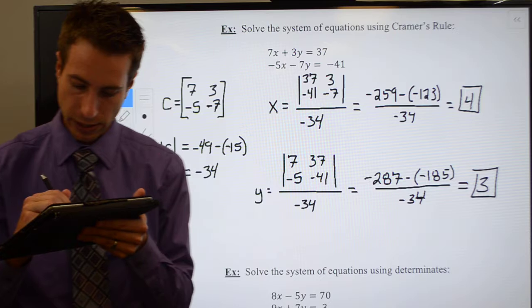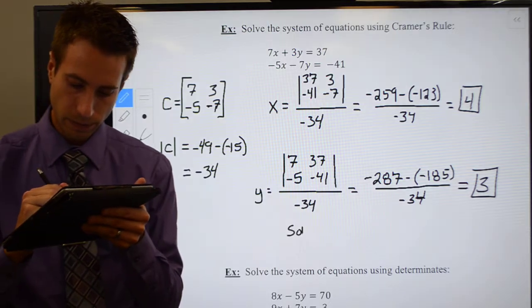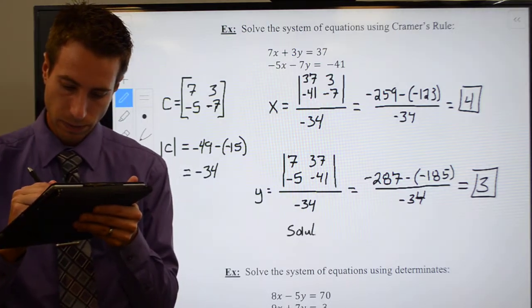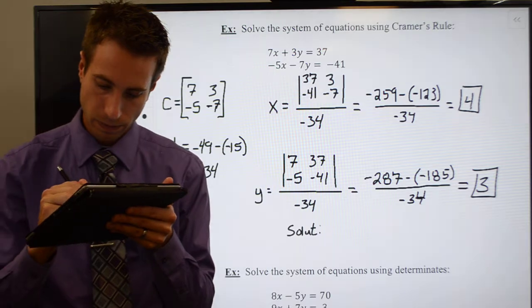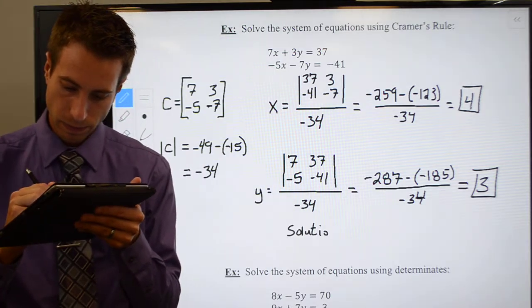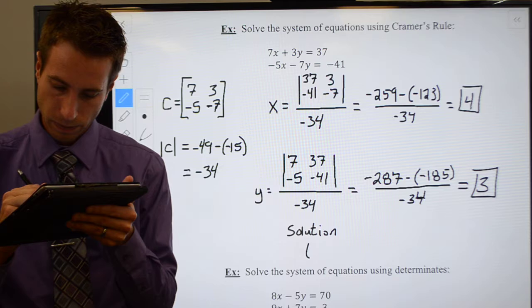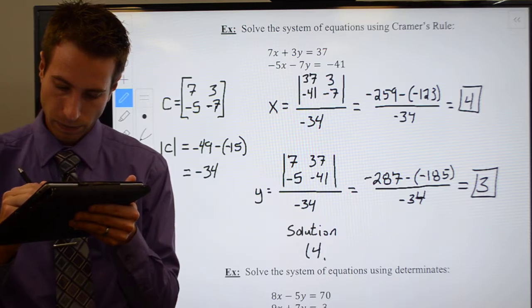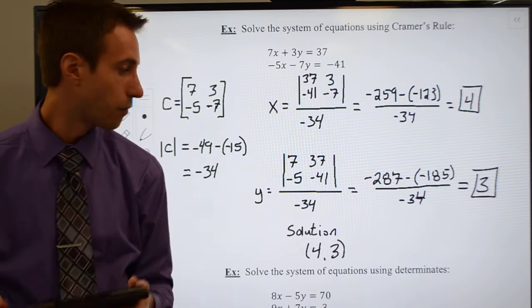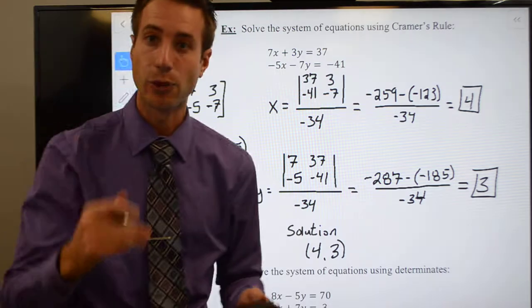And so I wind up with a solution of 4,3.